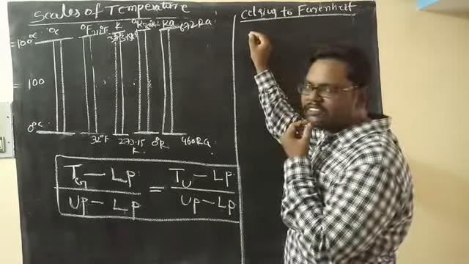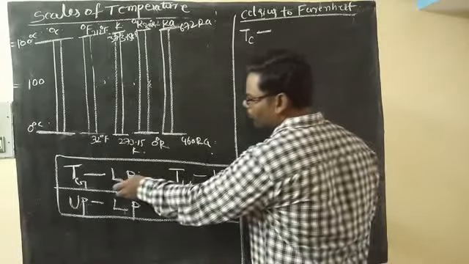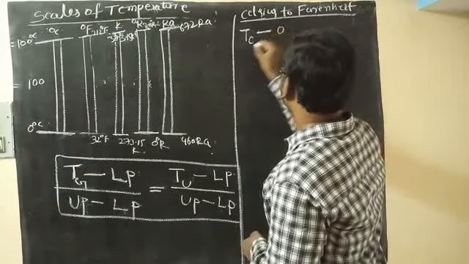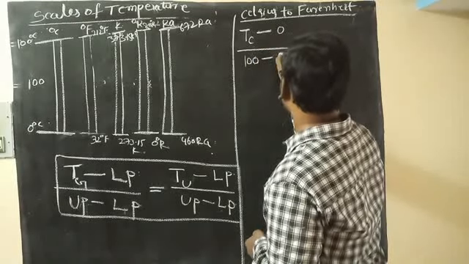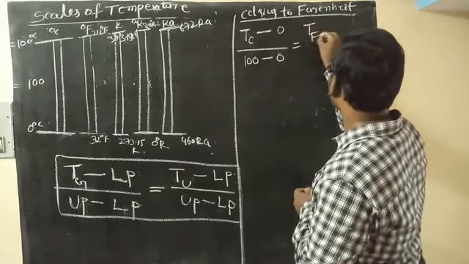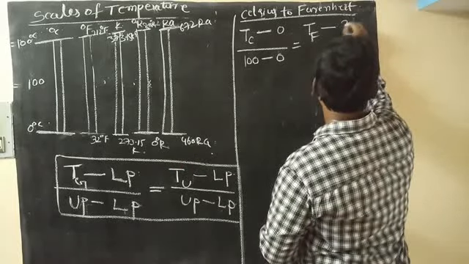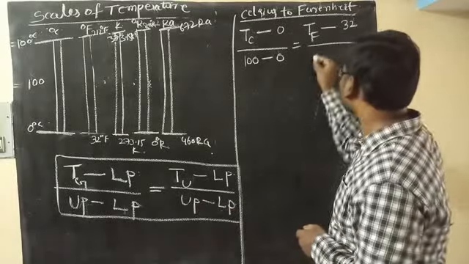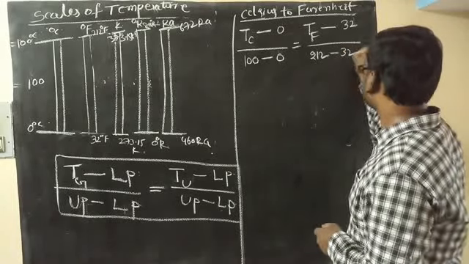So now the temperature of the given scale, that is TC minus lower point of Celsius scale is 0, and upper point is 100 minus 0, is equal to temperature of the unknown scale, that is Fahrenheit scale, TF minus lower point of Fahrenheit scale is 32 degree Fahrenheit by upper point of Fahrenheit scale is 212 and lower point is 32, right?